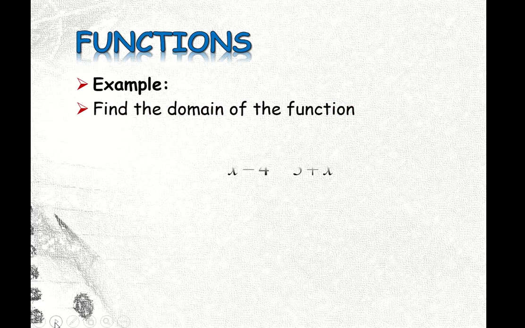we have here the given function and we're asked to find the domain of this function. So f of x, or function of x, is equal to 2 divided by x minus 4 plus 6 divided by 5 plus x.